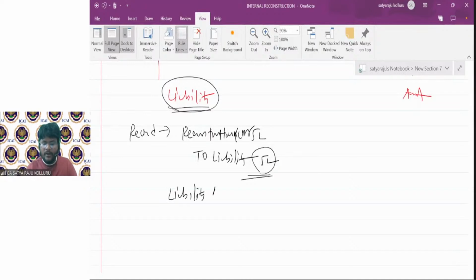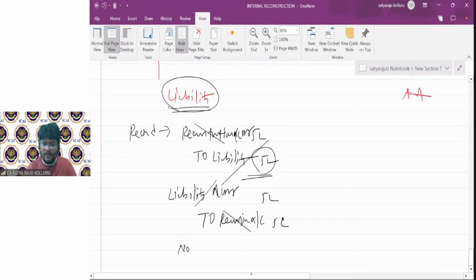Liability account to the extent of sacrifice, I need to transfer to reconstruction account 5 lakhs. Sir, reconstruction debit, reconstruction credit, liability credit, liability debit. That's why no entry. If any unrecorded liability is sacrificed by the other party, then there is no entry in our books of accounts.